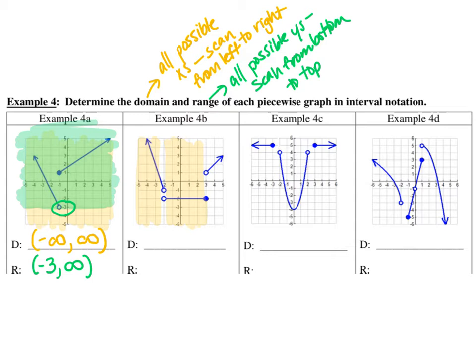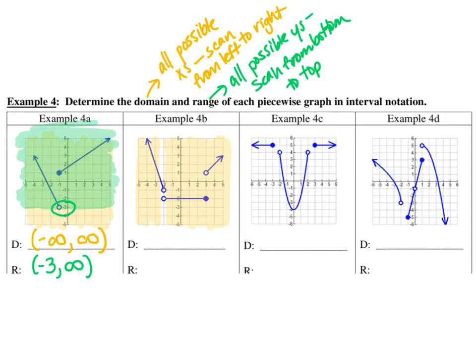But once we hit this closed dot, we can just jump up here at the open dot and we can continue scanning to the right to positive infinity. So this domain has two sections. It has the section at the left and the section at the right.